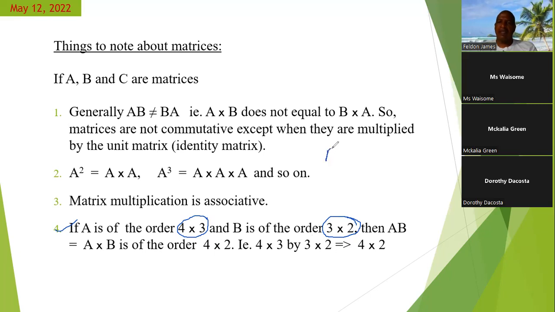So you have the matrix A, which is a 4 by 3, and you're multiplying it by the matrix B, which is a 3 by 2.